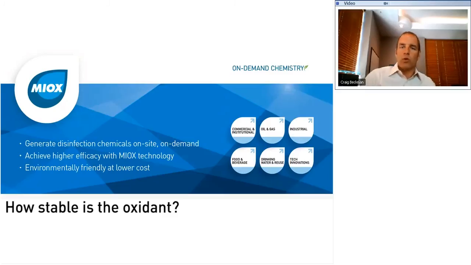So when customers are really looking at biofilm removal and that efficacy as the goal, we'll work with them to minimize the size of that day tank and make sure they're filling it at least once a day. Because the mixed oxidants and the beneficial attributes you get from them do degrade with time relatively quickly, a couple days. So we definitely want to make sure our customers are making and using the mixed oxidant chemistry.